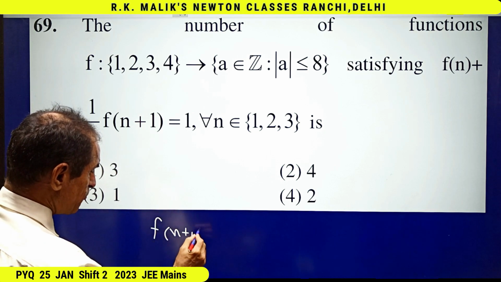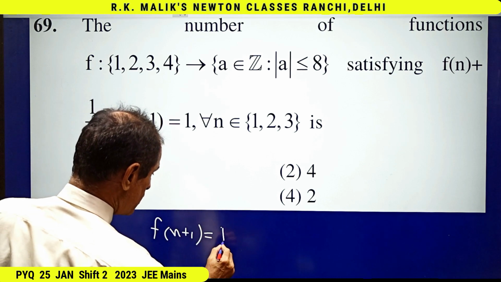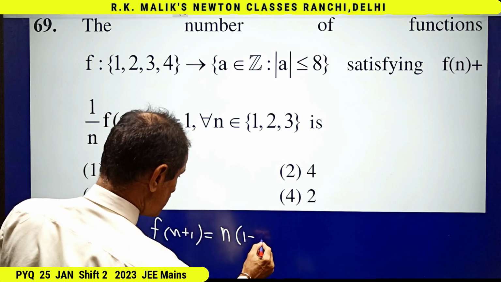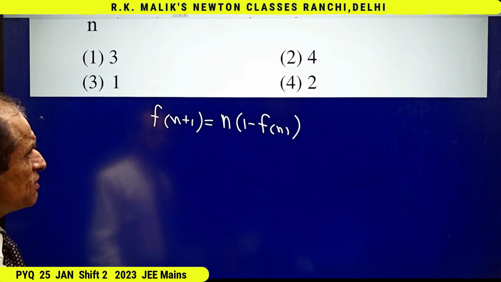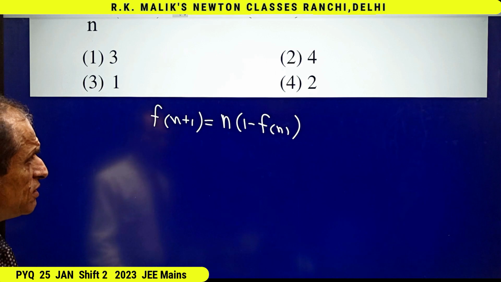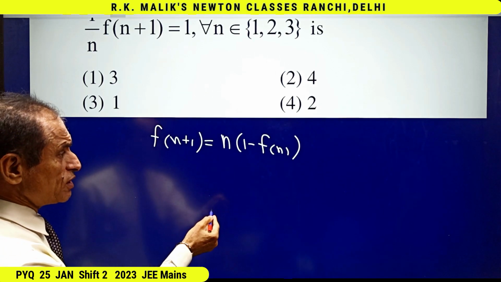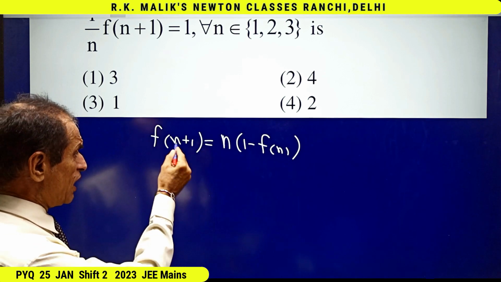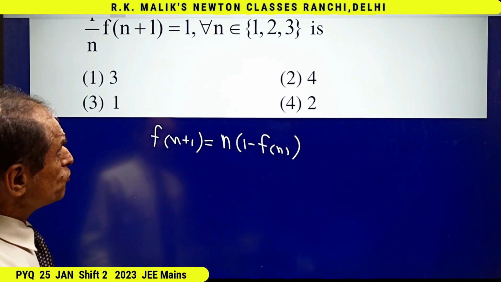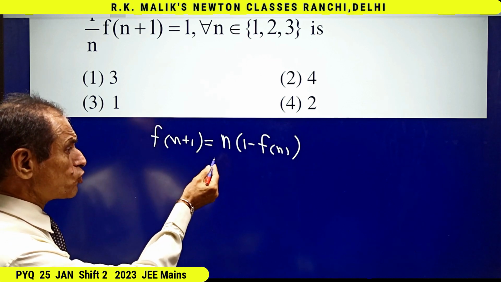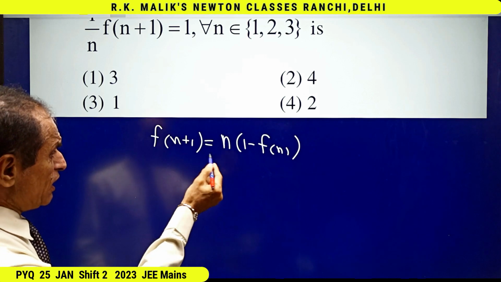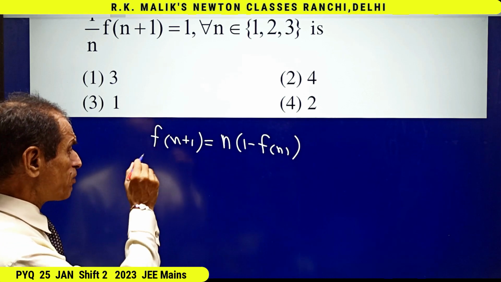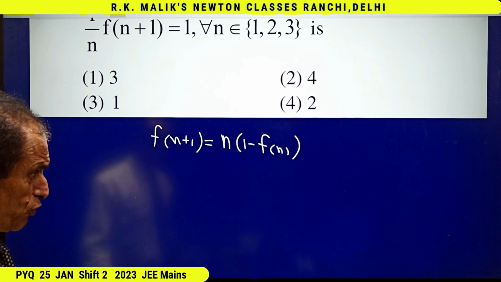f(n+1) is equal to n into (1 minus f(n)). Keeping this relation in mind, it is obvious that if f1 is known to me, then with the help of f1 I can find the value of f2, and if f2 is known to me, with the help of f2 you can get the value of f3, and if f3 is known to me, then with the help of f3 you can get the value of f4.